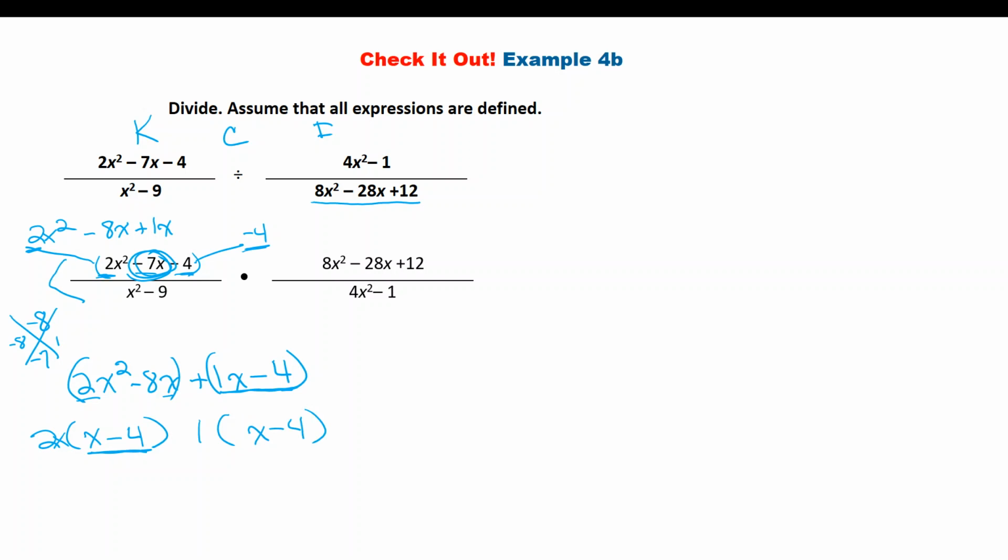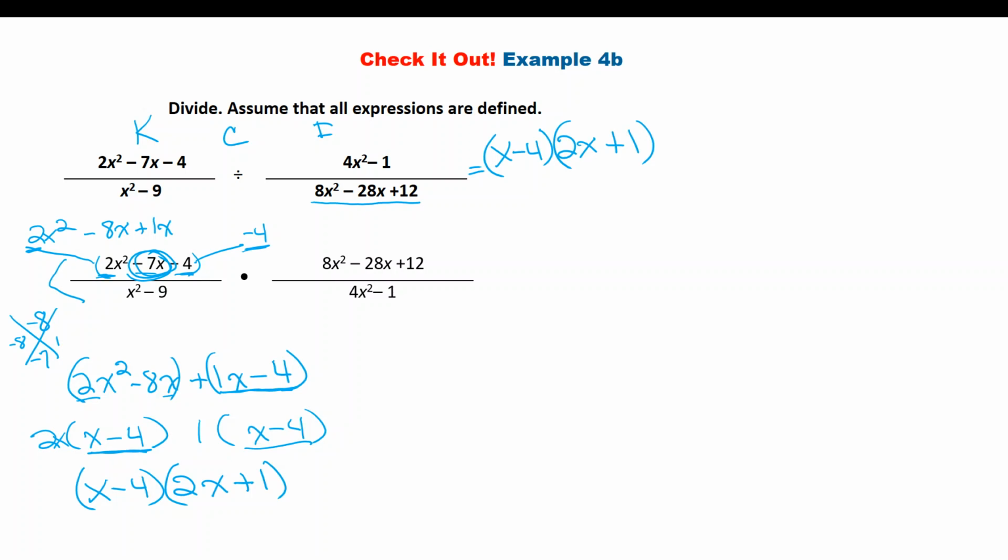Okay, so now I can see that I can factor out an x minus 4, so it's going to be x minus 4 times 2x plus 1. So that's a tricky part with that particular expression here. So we're going to go ahead and write that in as x minus 4 times 2x plus 1.